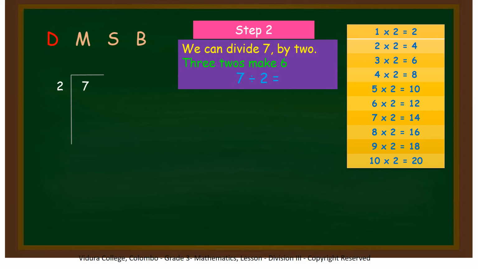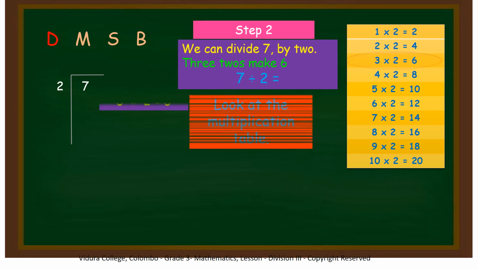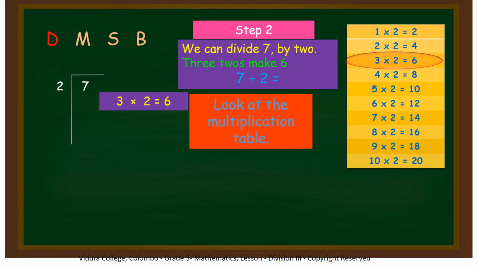Step 2. We can divide 7 by 2. 3 2's make 6. Look at the multiplication table. I can show you it like this. When we put 7 stars in groups of 2, we will get 3 groups and 1 star will be left.